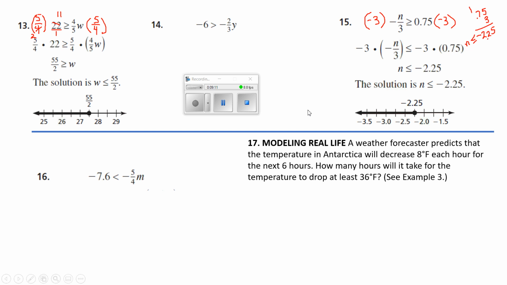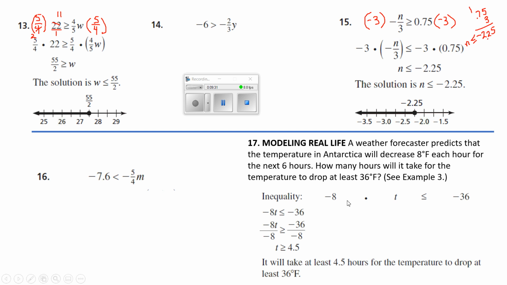It says, a weather forecaster predicts that the temperature in Antarctica will decrease 8 degrees Fahrenheit each hour for the next 6 hours. How many hours would it take for the temperature to drop at least 36 degrees Fahrenheit? To set this up, I'm going to put my inequality showing that I started at a decrease of 8 degrees Fahrenheit, that's minus 8, for each hour, right?